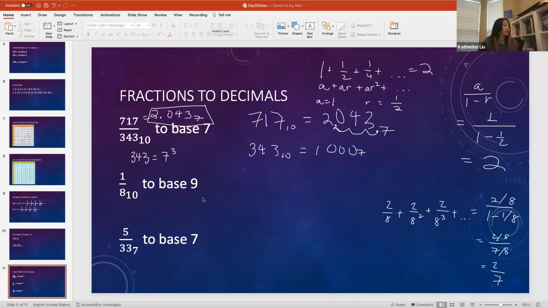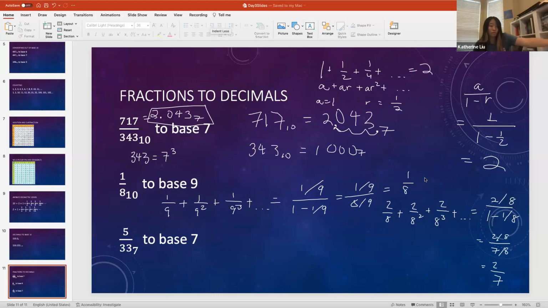So for example, if you were to try 1/9 plus 1/9 squared plus 1/9 cubed, etc., it would be 1/9 over 1 minus 1/9. So this is 1/9 over 8/9 equals 1/8.